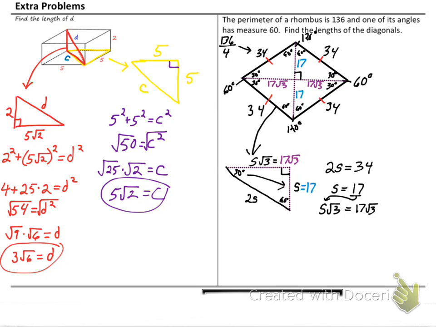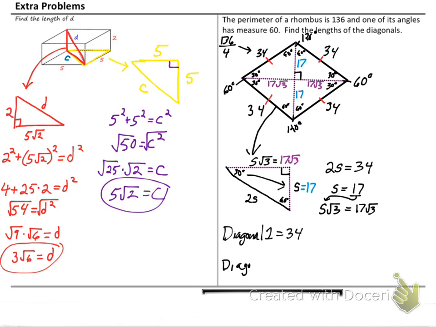If I have two of those, 17 plus 17 is 34, thank you. At least someone's listening to me. So diagonal 1 is going to equal 17 plus 17, which equals 34.